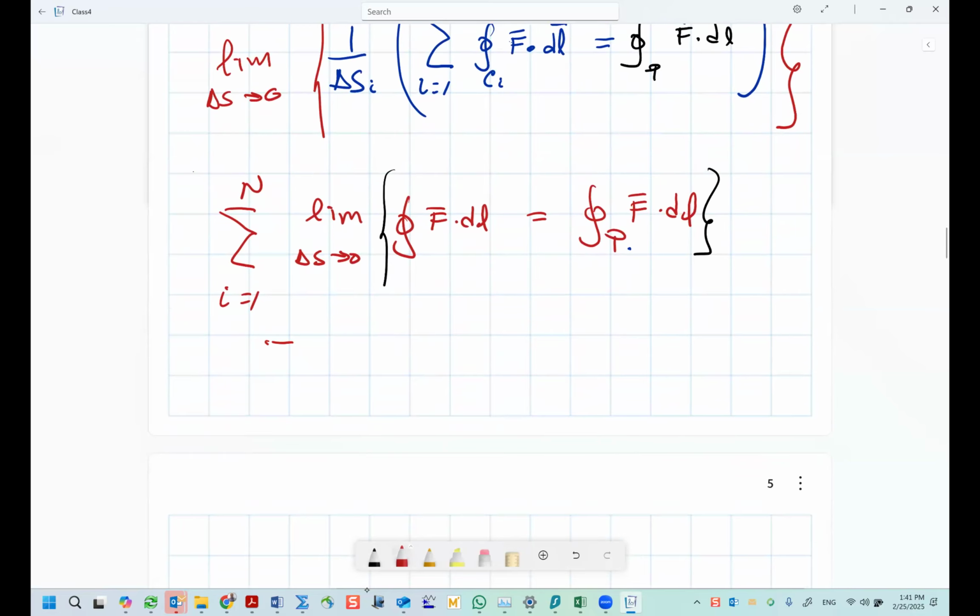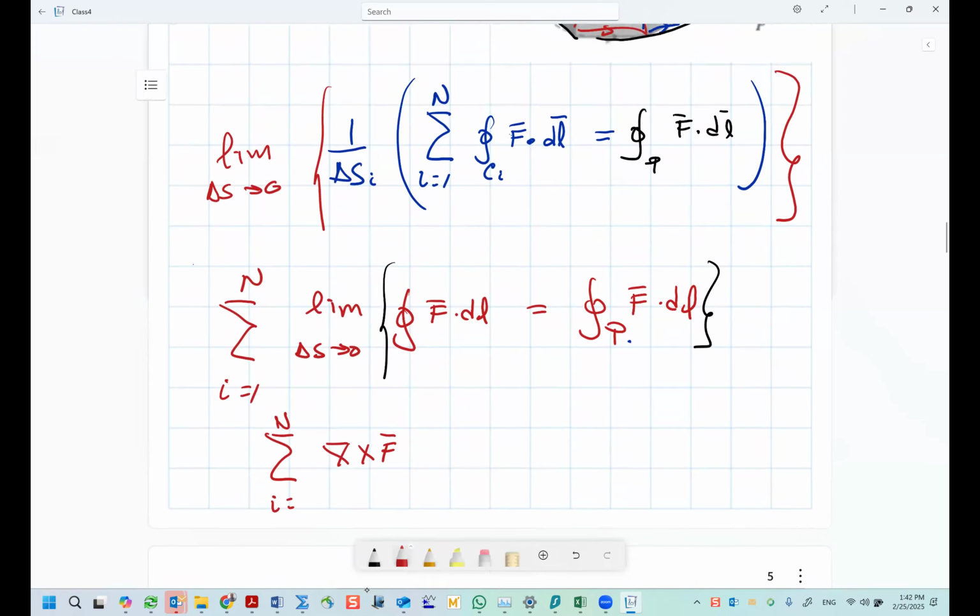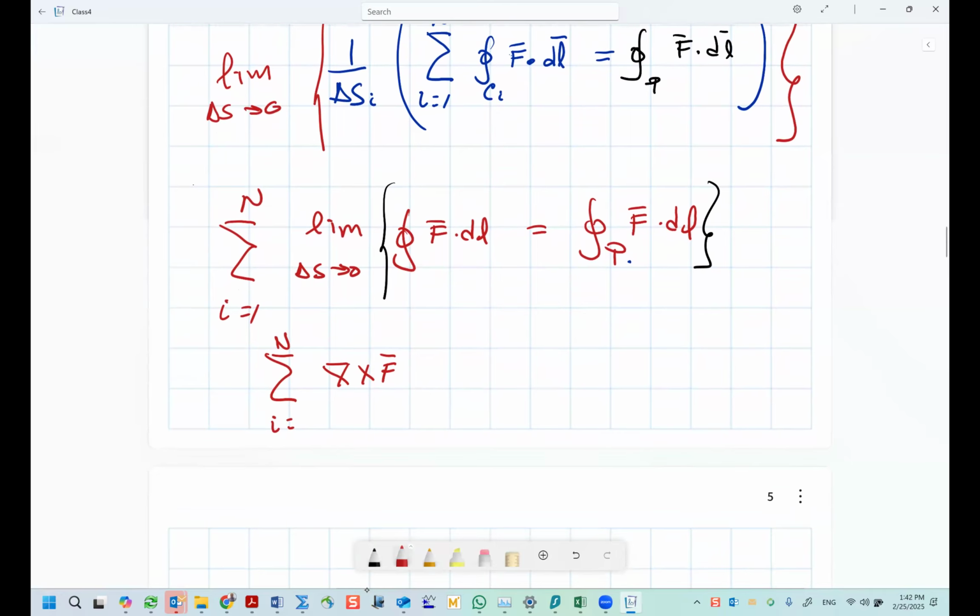So now I have exactly the same sum to n, but I can see that here I have immediately the definition of the curl. So it's the sum of the curl of F. I'm missing a multiplication by delta S. No, it's all right.